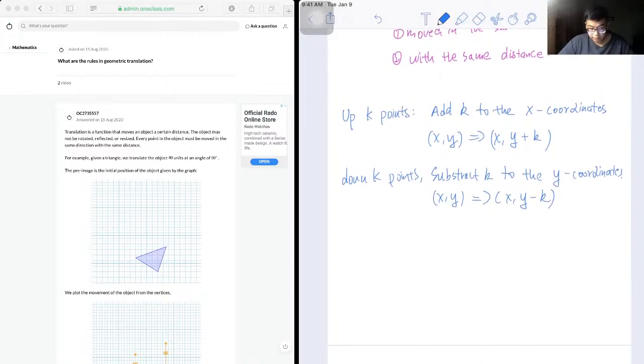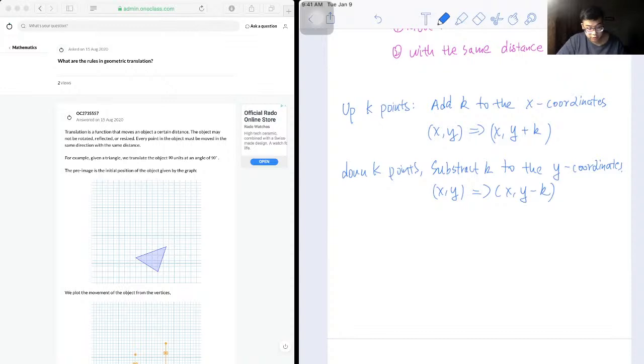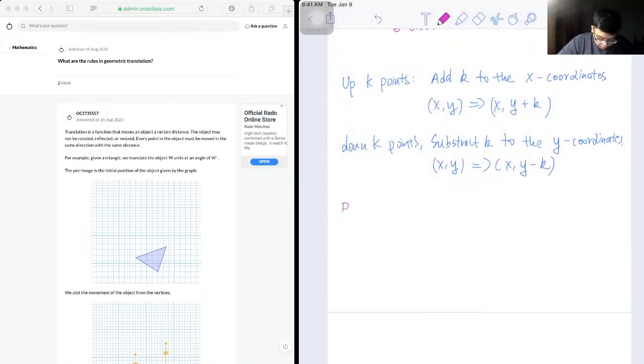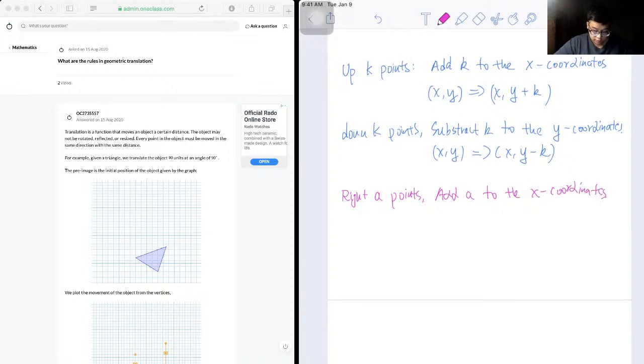Similar to moving k points, we just do this backwards, and it will become moving k downwards. And for left and right, if we want to move it right a points, we just need to add a to the x coordinate, which means x y will become x plus a, y.